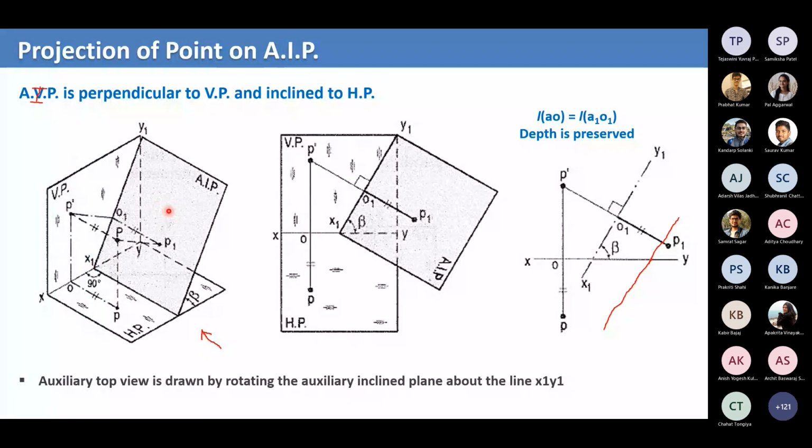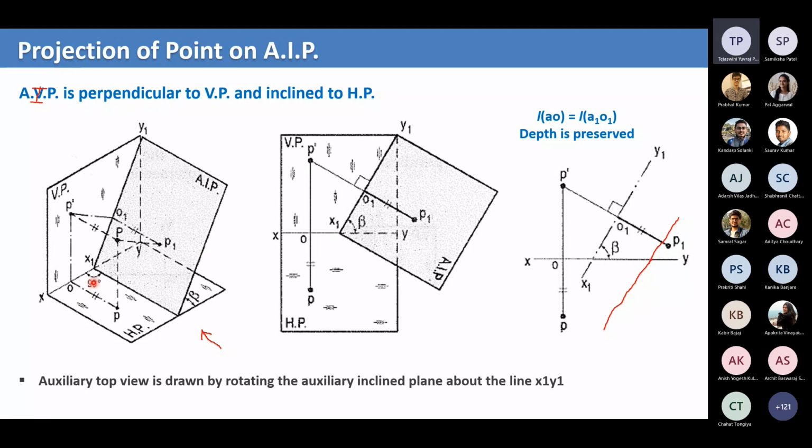Previously the horizontal plane was rotating in clockwise direction, right? Yes, this is also the same way. You see from this side and rotate this plane in this direction. So it's clockwise only.